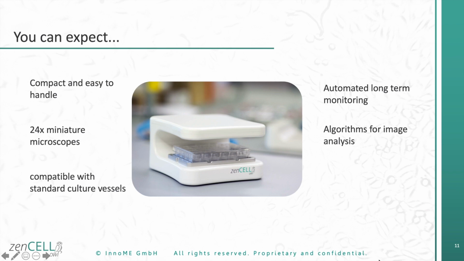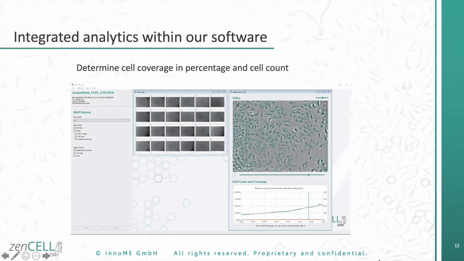Especially these are of more interest, I guess. What you can see here is your new digital microscope view. You can see in the middle the overview of the zenCELL software, where you can see the 24 tiles which represent one of the 24 microscopes each.